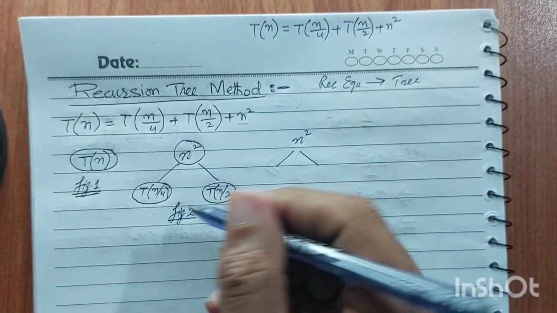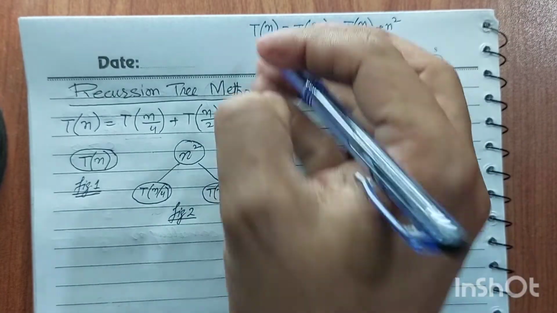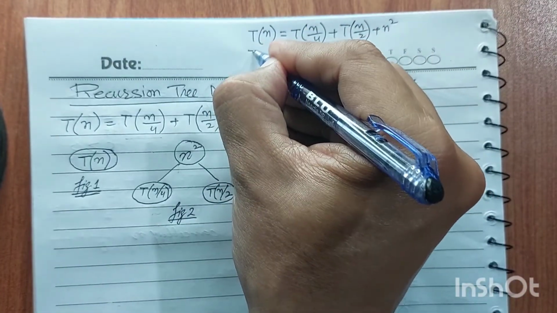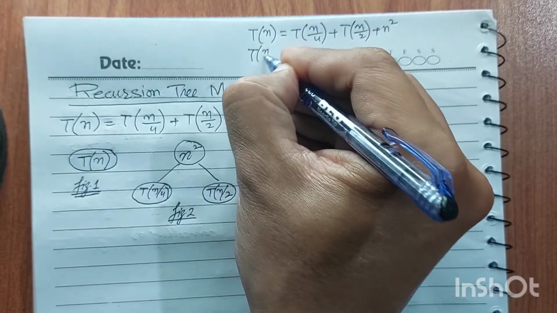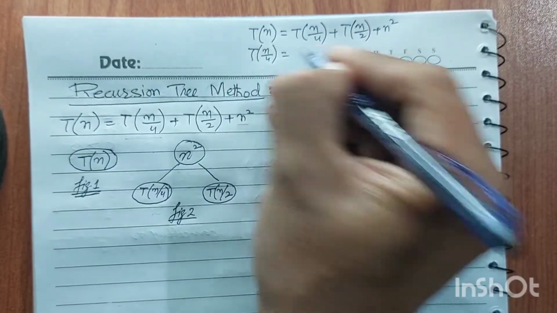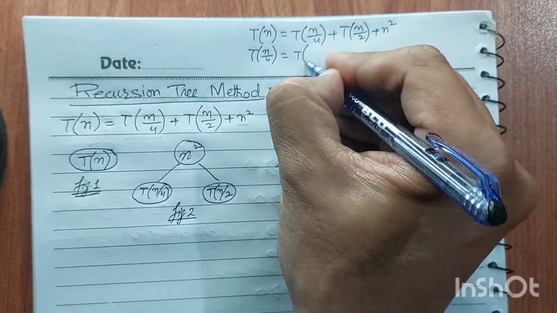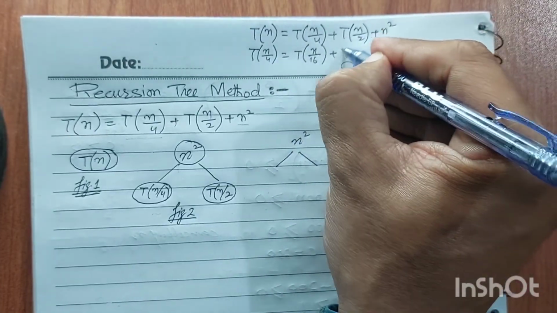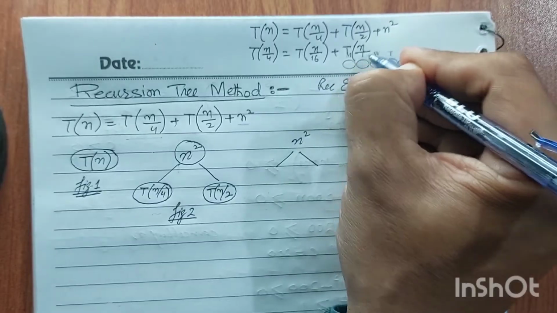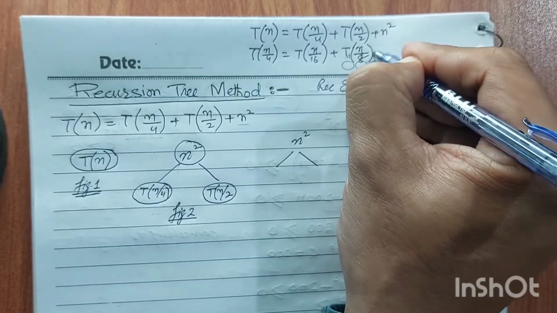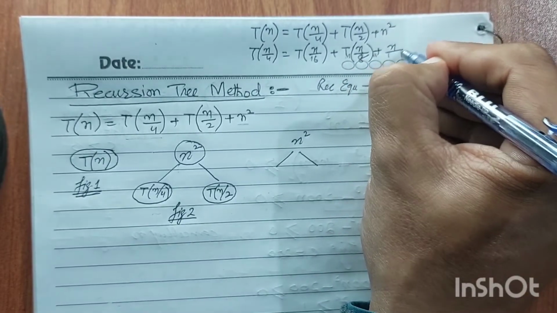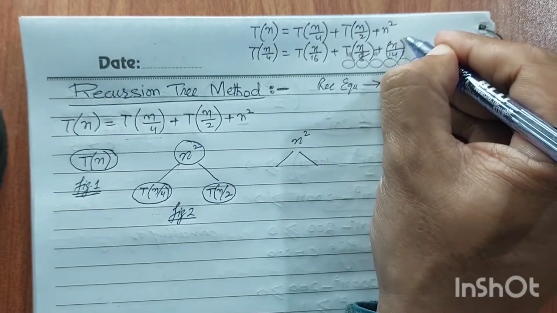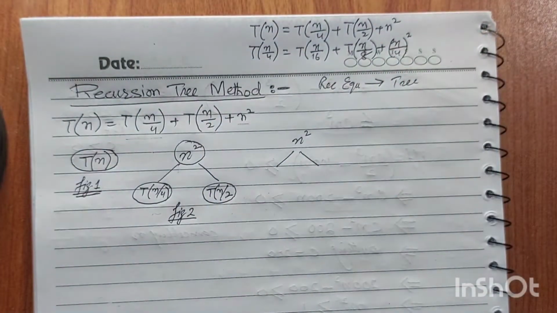Because we need to solve this one, we are putting n by 4 in place of n. So t of n by 4 is equal to t of n by 16 plus t of n by 8 plus n by 4 whole square.